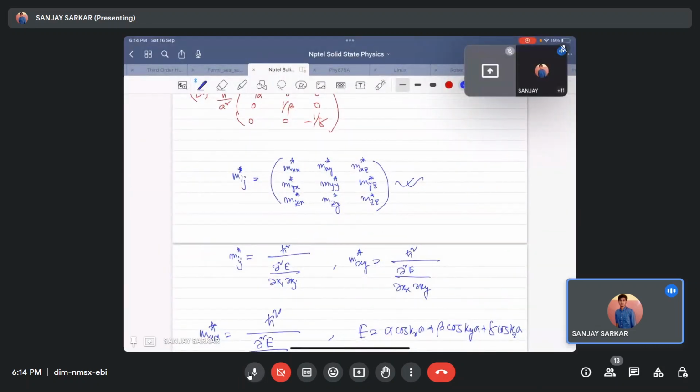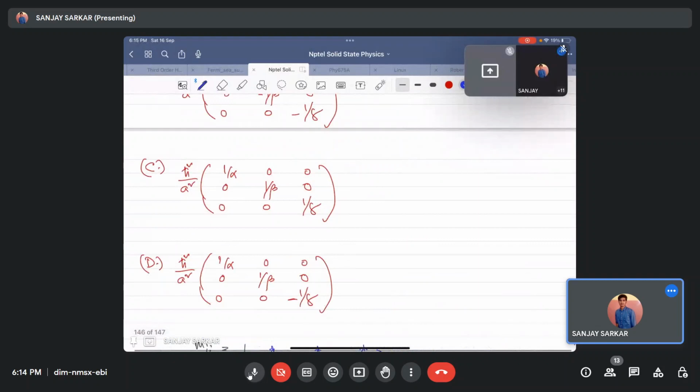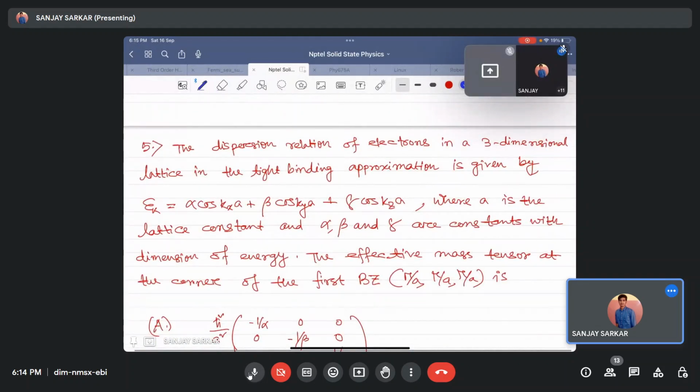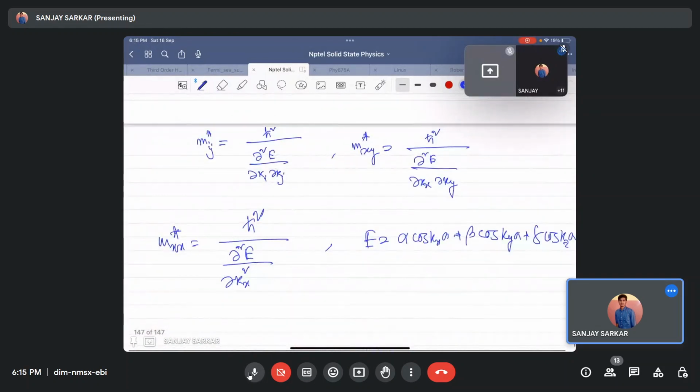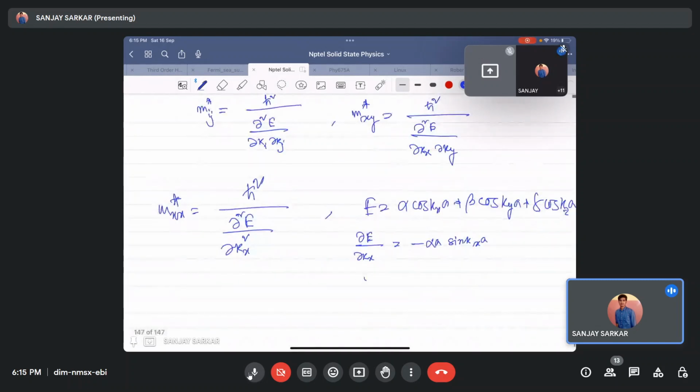This is our energy. Then what will be del E del kx? It will be minus alpha a sin kxa. And what will be del 2E del kx2? It will be minus alpha a square cos kxa.